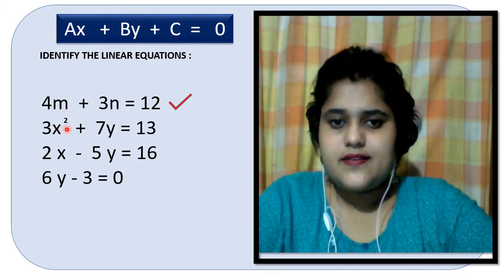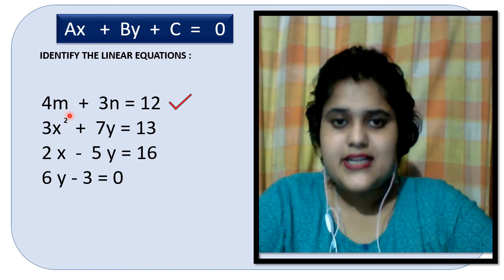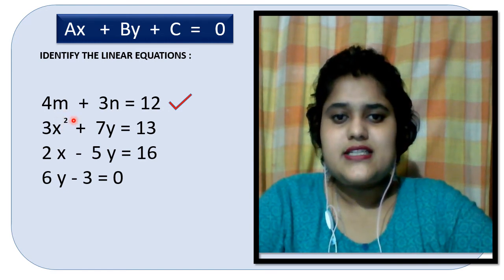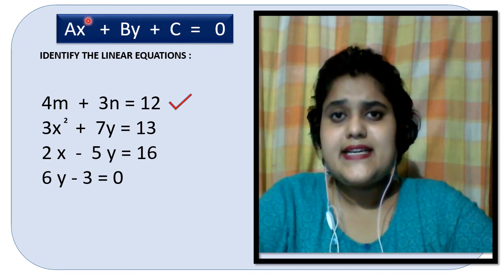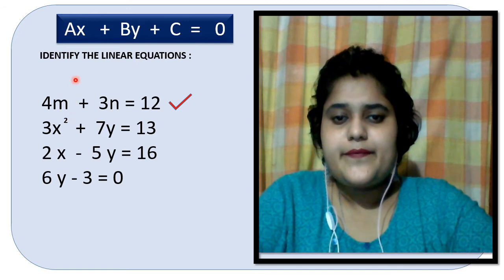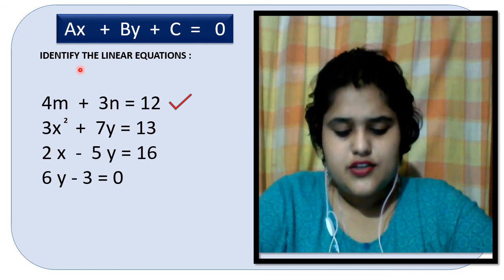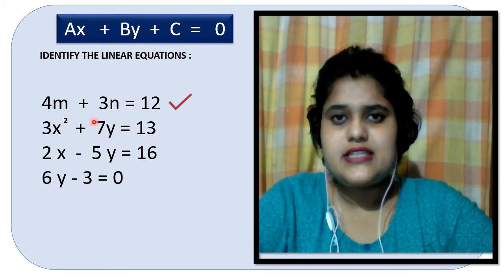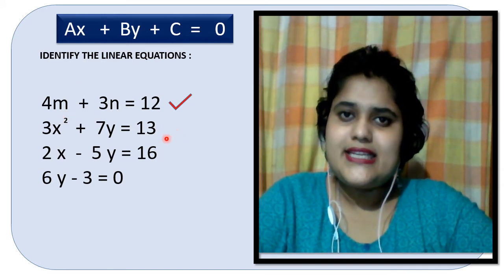Look at x raised to 2, that is x square. What should the index number be? The index number should be 1. We have seen that the index number for a linear equation should be 1. So obviously this doesn't fit the general form of a linear equation, so this is not a linear equation.